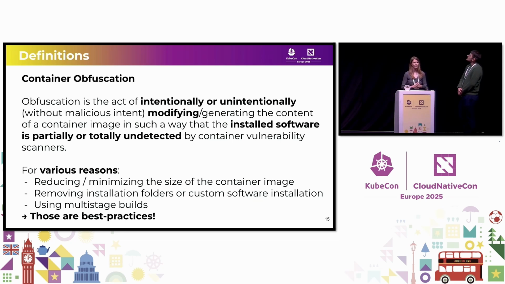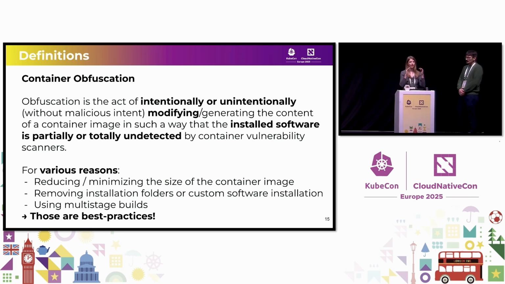And this can arise for several reasons. As we see, developers may want to reduce or to minimize the size of the container image. So to do so, they can remove installation folders, or it can also be the case when using custom software installation without using the package manager. And finally, using multi-stage builds.